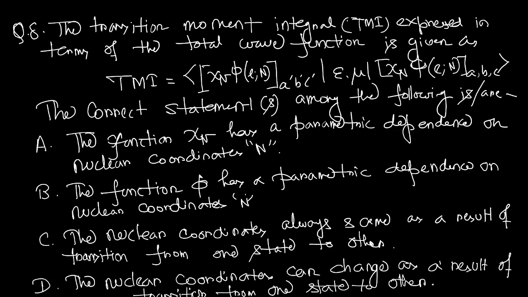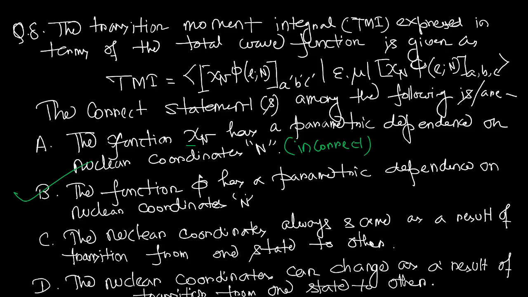the electronic one. This xn doesn't depend on the nuclear coordinate. So this is an incorrect one, but psi is obviously parametrically dependent on the nuclear coordinate. Now once we excite a molecule, what will happen? It will go to the excited state.